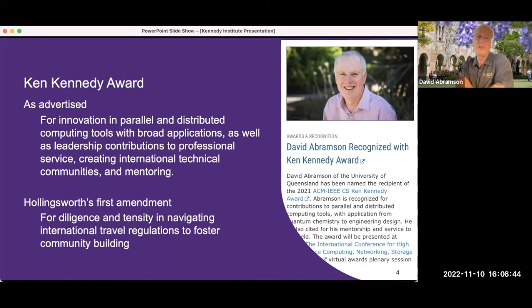Jeff Hollingsworth, who was the chair of the committee, actually said there's a slight modification on why I got the award, because I did actually manage to get to SC last year in spite of the fact that there were no flights, our borders were closed, quarantine was mandatory, and various other factors, all of which fell away just before SC, and I managed to get out of the country and back in, only to wake up about 2 weeks before I was supposed to travel and realize that my passport was in another city that I couldn't get to, because our domestic borders were still closed. So Jeff thought that, in fact, I should have got the award for navigating all of the difficulties in doing that.